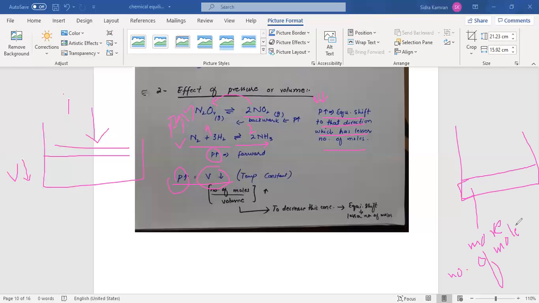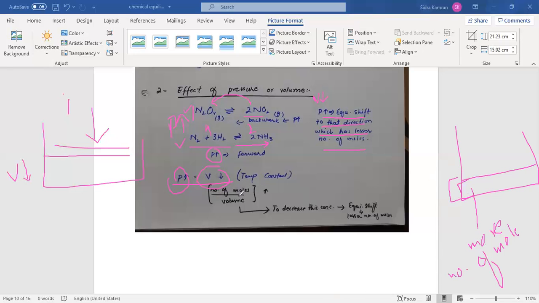If you are increasing pressure, volume will decrease. Decreased volume shows that the number of moles per unit volume has increased. As we know, the number of moles is the same, but per unit volume, we say the number of moles has increased.